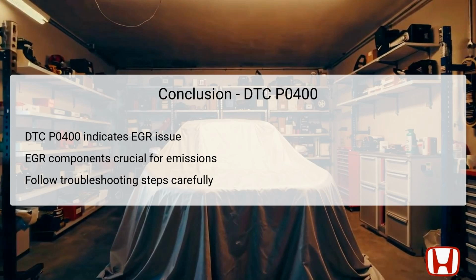Regular maintenance practices can prevent the occurrence of such faults and promote vehicle longevity. Addressing a P0400 DTC promptly can not only improve engine performance, but also comply with environmental regulations. Always ensure that proper diagnostic tools and protocols are used to effectively address these concerns.